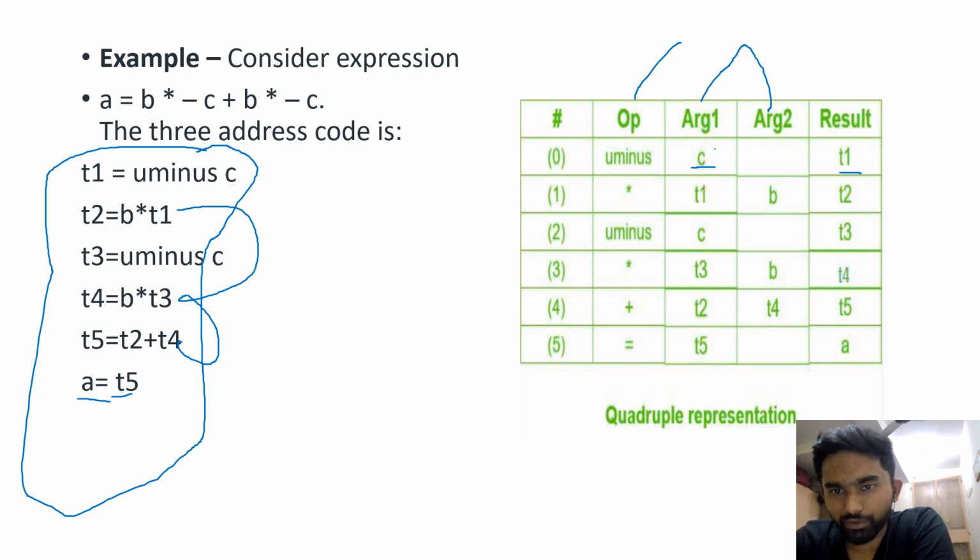Now we have two operands t1 and b, and the operator used between them is multiplication, and its value is stored in t2, which is t1 * b.